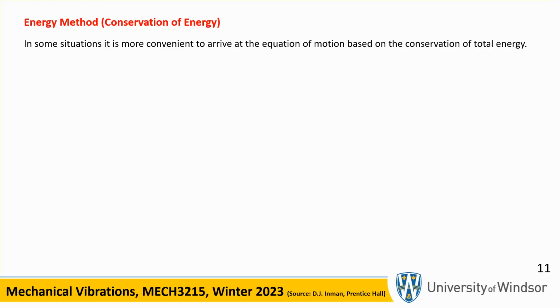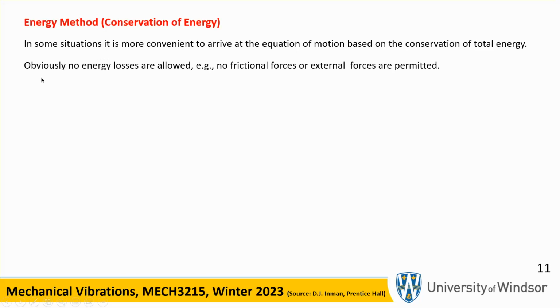This is an alternative method for finding the equation of motion, and therefore, once you get the equation of motion, you can find the natural frequencies of vibration. But if you're going to use this, there should not be any energy dissipation, for example, in the form of frictional losses or viscous losses, or there should not be any external forces which actually pump energy into the system.